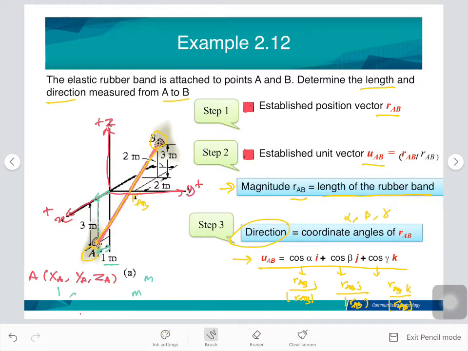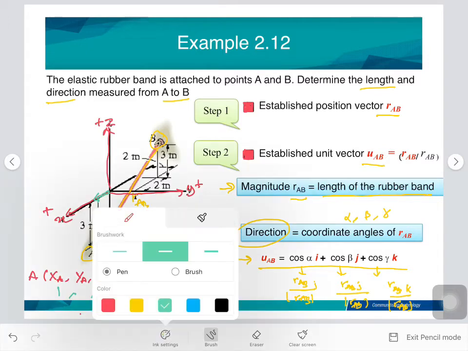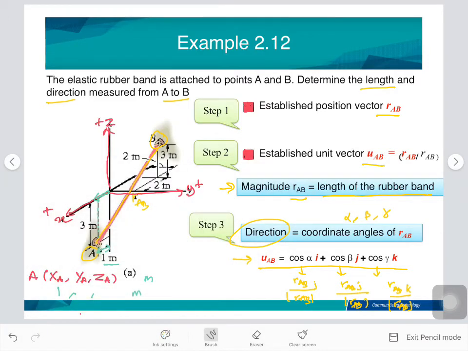Next we need to determine YA. The distance of Y is measured from the origin. Do we have a distance here? No, right? So YA is 0.